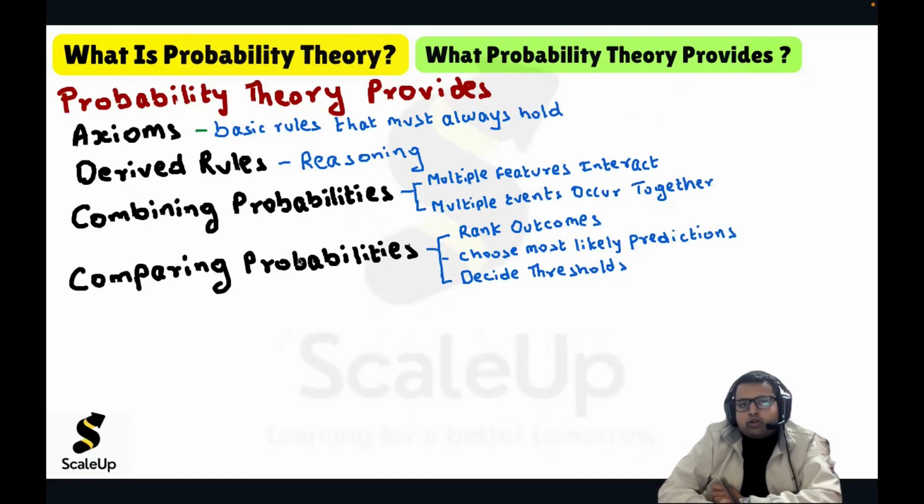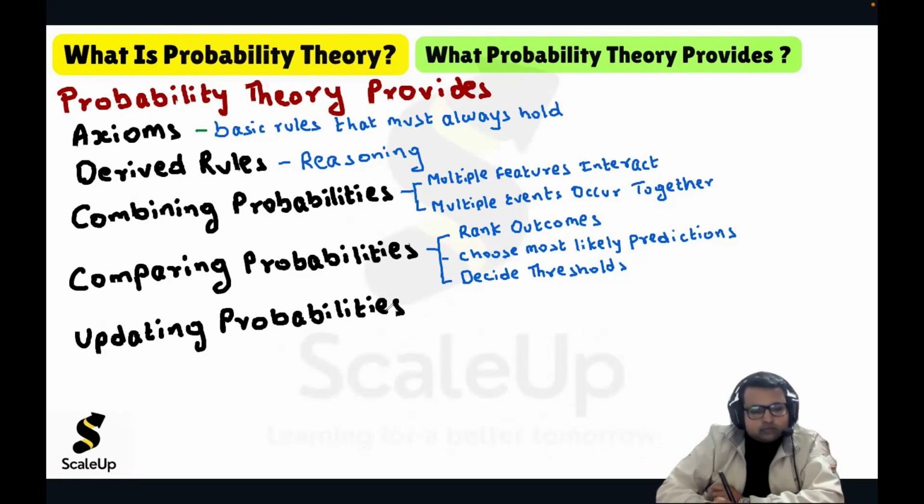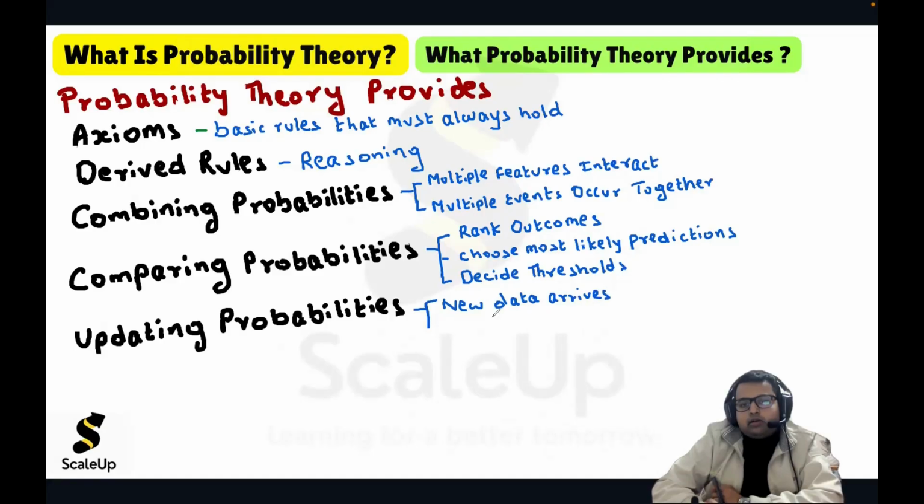Probability theory also provides a way of updating probabilities. It provides the systematic rules using which we can update probabilities. The idea is that we already have a prior belief, like a probability. Now, when new data arrives, there is a need to update the probability.